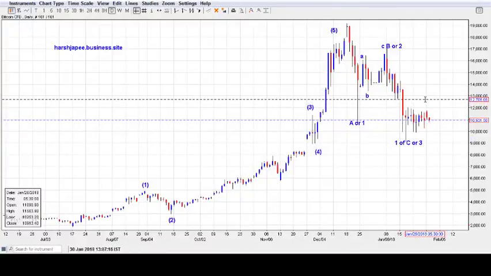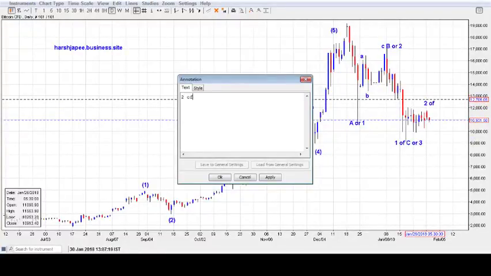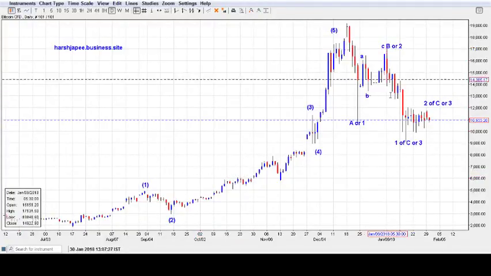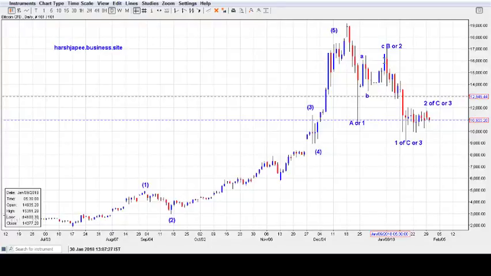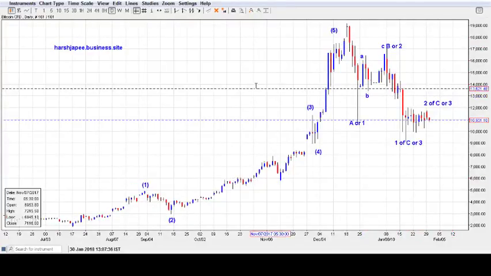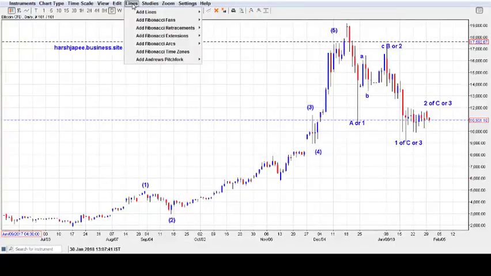It could be 2 of the C wave, or 2 of the third wave, or let's say if we subdivide, it could be 1, 2, 3, 4, and the 5th wave is just underway. All right. Now let's play some figures.